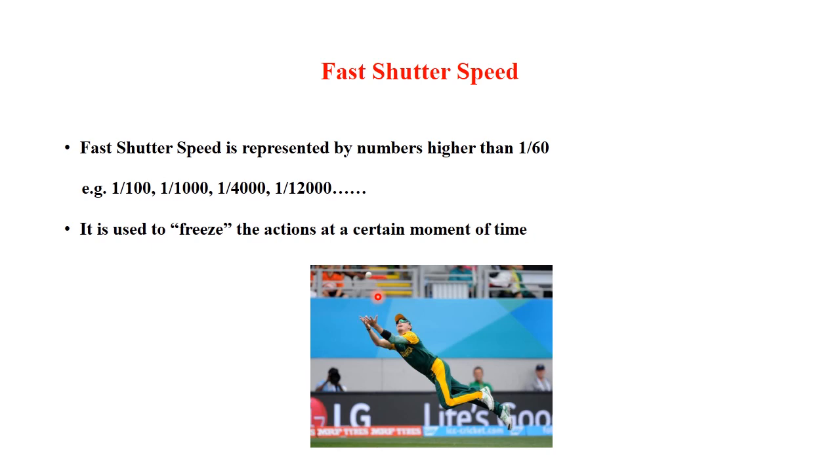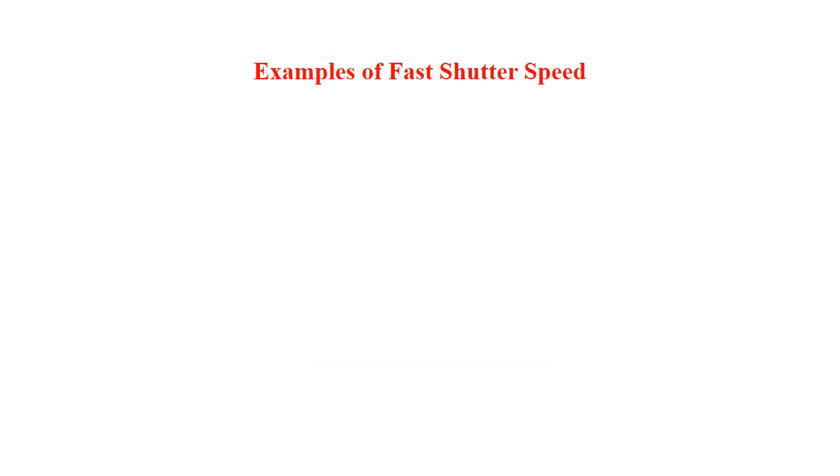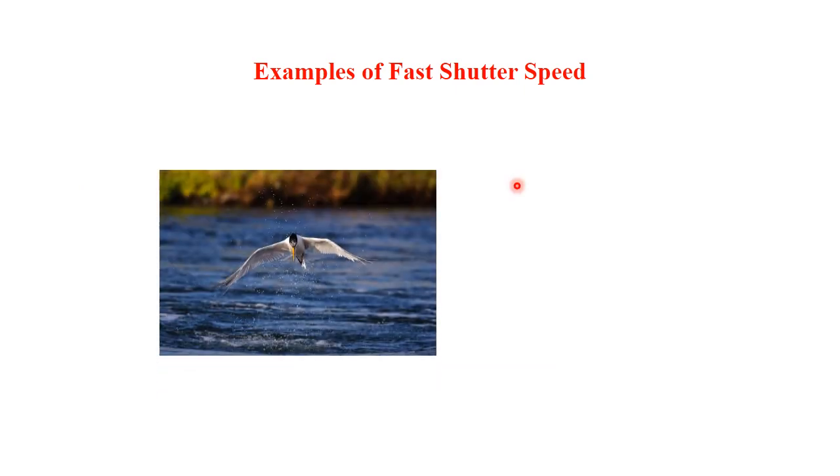So what we need is fast shutter speed to grab it, because without it we will not be able to grab this very picture or this very image with the normal shutter speed. Other examples of the fast shutter speed: let's have this very example of the bird who is trying to catch the fish in the sea or in the water, and we can see the droplets, right?